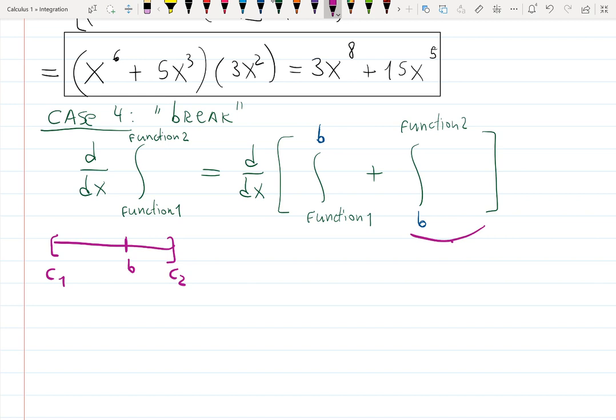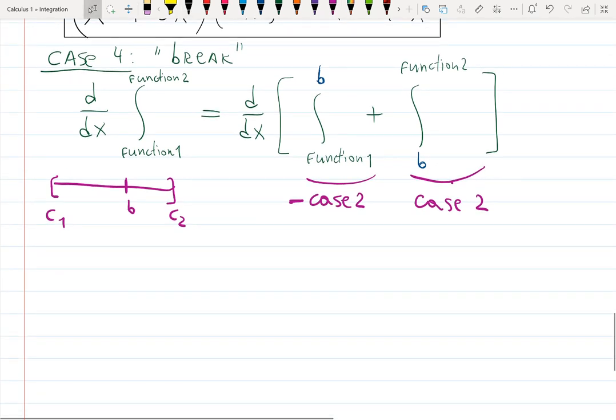Actually, it's going to be still chain rule. So it's going to be case 2, right? And the first integral will be case 2, but you have to flip it. So I will do minus case 2, because you want to have from b to a function.